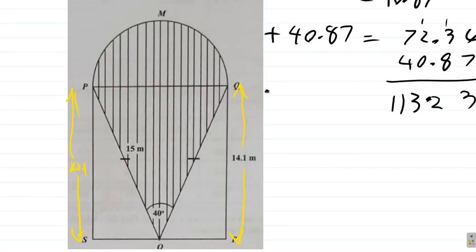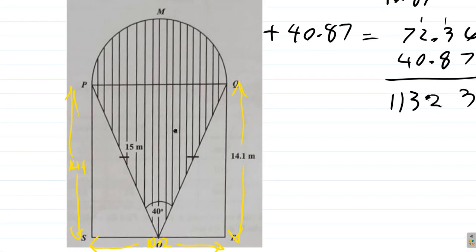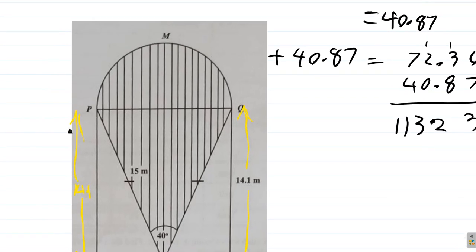What was it across here again? 10.2. 10.2 across here. So the only part we don't have so far is the length around the perimeter.